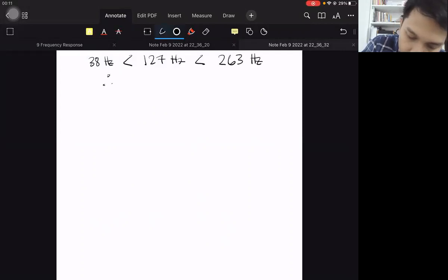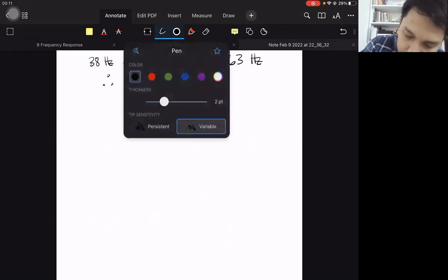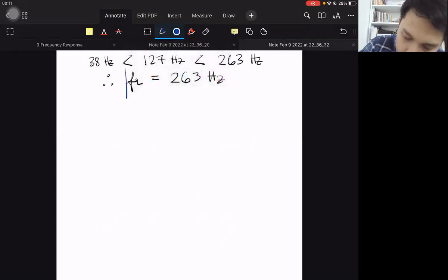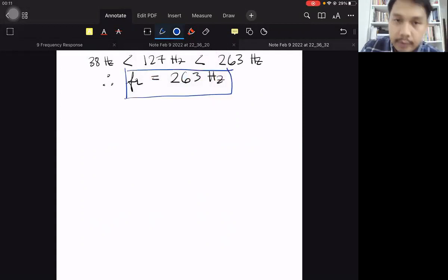Therefore, the lower cutoff frequency is equal to 263 hertz. Okay. Final answer.